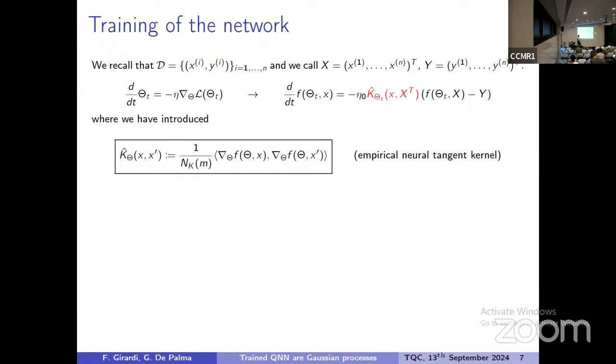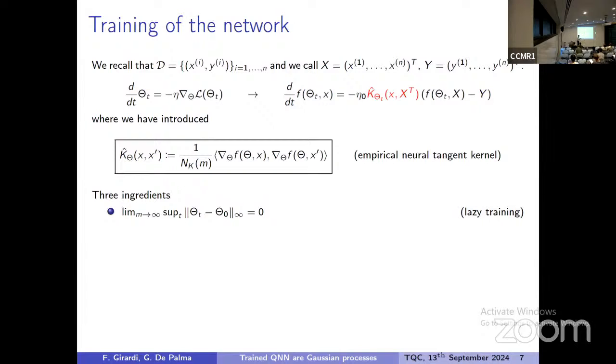And it makes the analytical solution of this equation very hard because there is a time dependence here. If this was constant, it would be easy to solve the equation, but it is not the case. So what can we do in order to give an answer to the question? Well, the first ingredient is to prove that in the overparameterized regime, the training asymptotically belongs to a really small portion around the initial parameter.